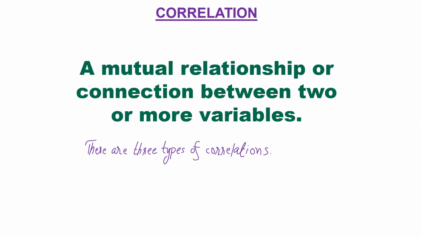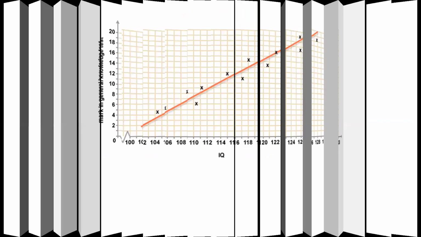Now, right under the heading, there are three types of correlation. Number one, positive correlation.